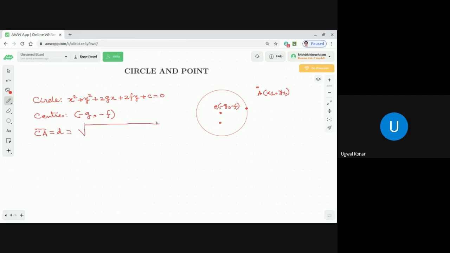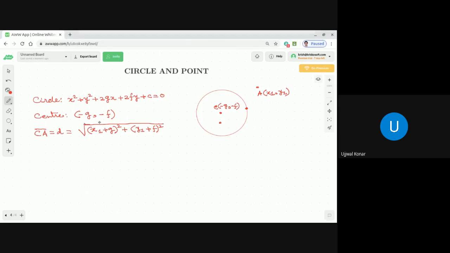The value of D should be equal to the square root of x1 minus of minus g, that means x1 plus g whole square, plus y1 plus f whole square. Correct? So that is the value of D, isn't it?